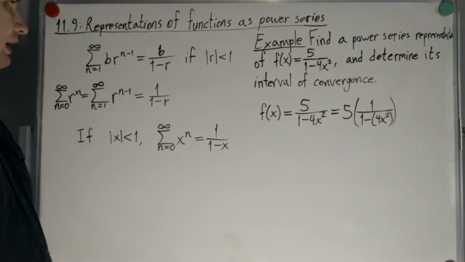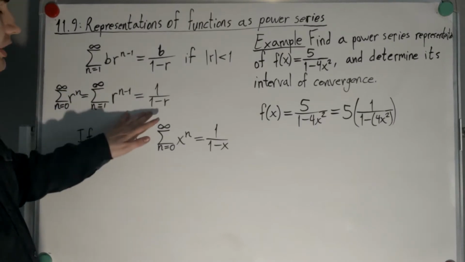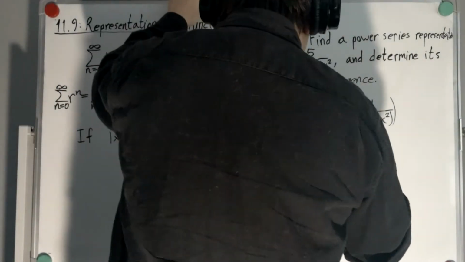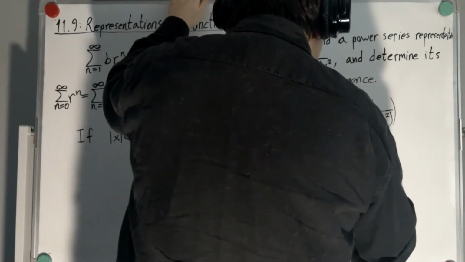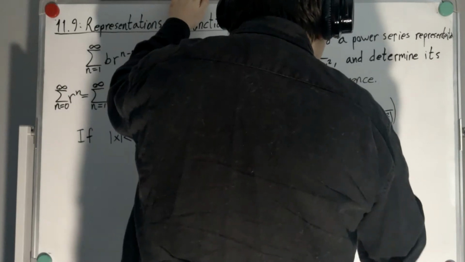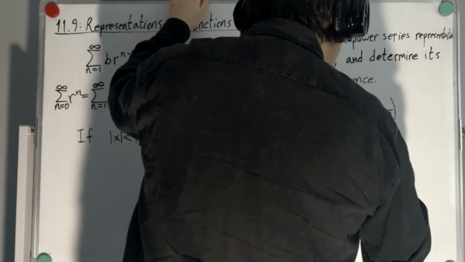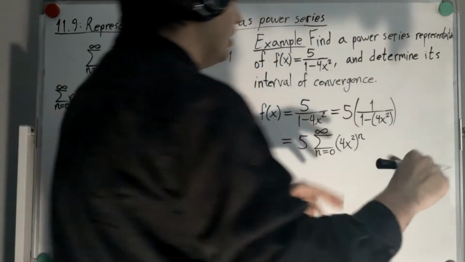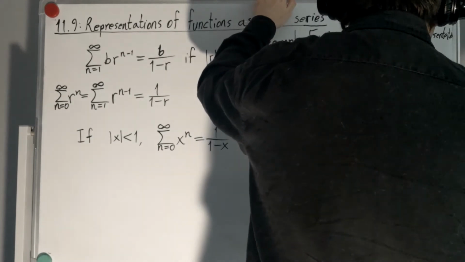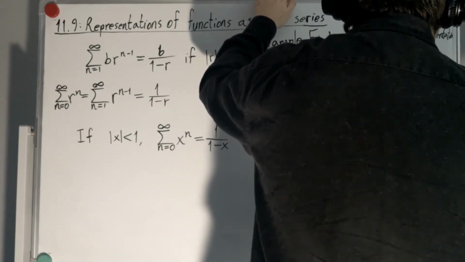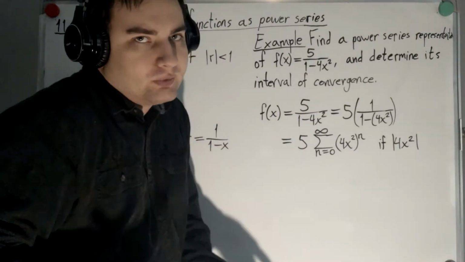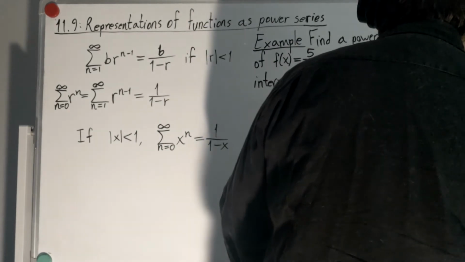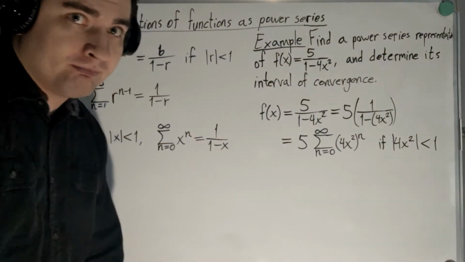According to this theorem on geometric series, that function is literally equal to 5 times the sum from n equals 0 to infinity of 4x squared raised to the nth power, as long as 4x squared's absolute value, which is just 4x squared because x squared is non-negative, but let's just leave that there for completeness, is less than 1.